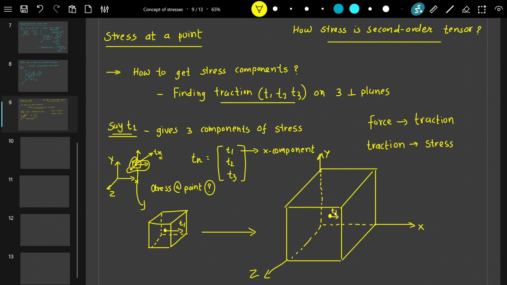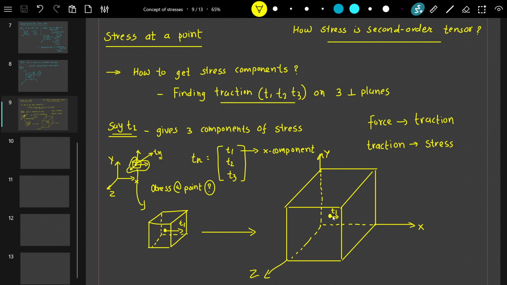Now imagine that this traction T1 is exploded in the volume. We want to find the impact, which is not a proper technical word, but for understanding we want to find the impact of T1 on three planes, that is x, y, and z.